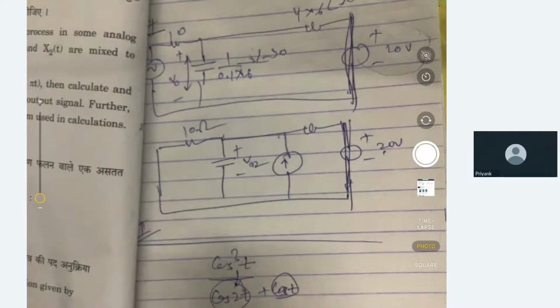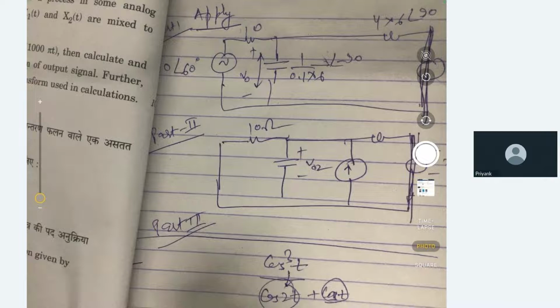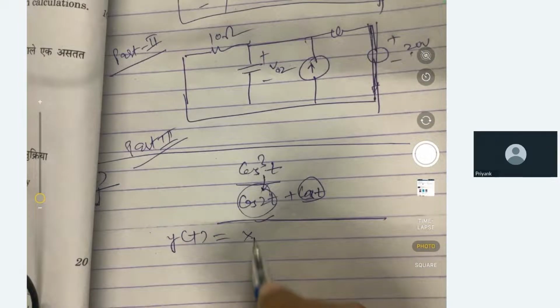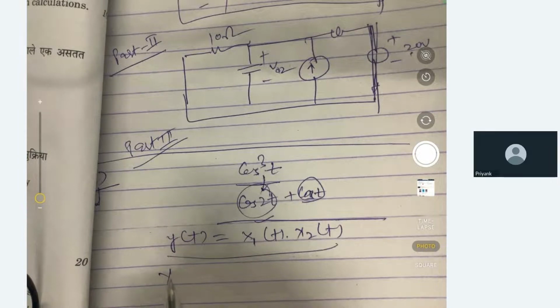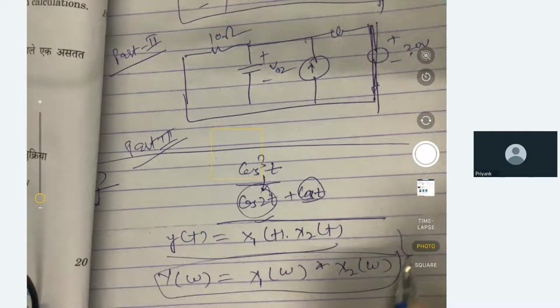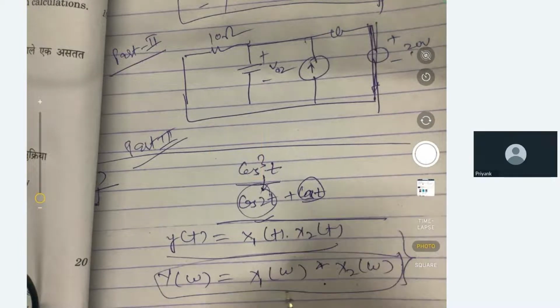So y(t) is written as x1(t) cross x2(t). The Fourier transform of y(omega) will be equal to x1(omega) convolution x2(omega), right? So this is the property which is being used in the calculations. They are asking to specify and prove it.